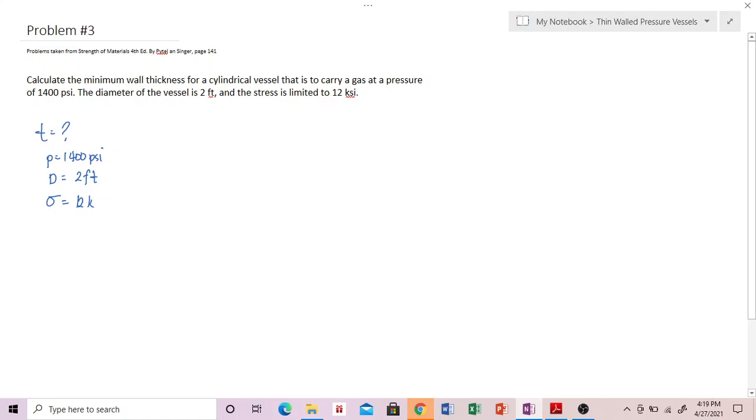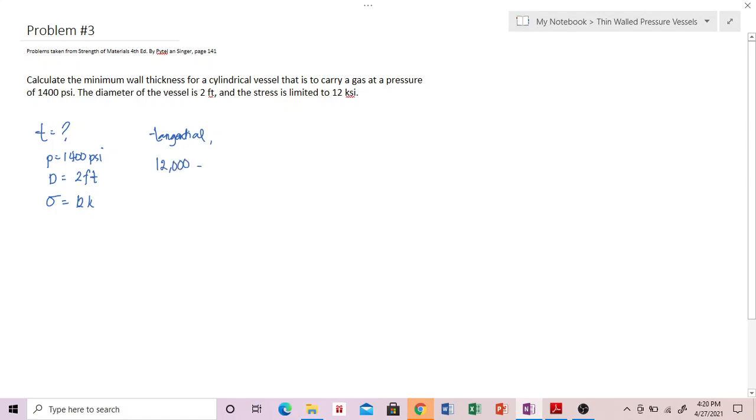So, direct substitution lang siya class. Minimum wall thickness. So, considering tangential, ang stress daw is 12,000 psi.